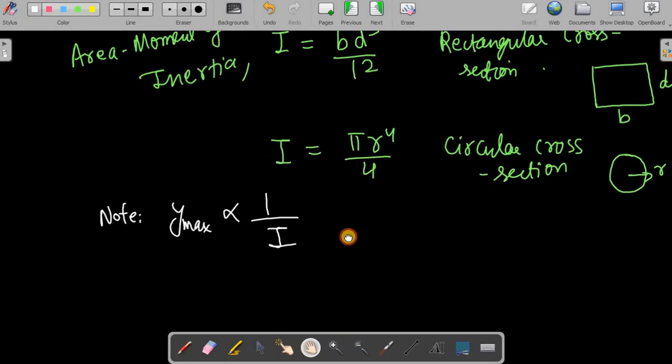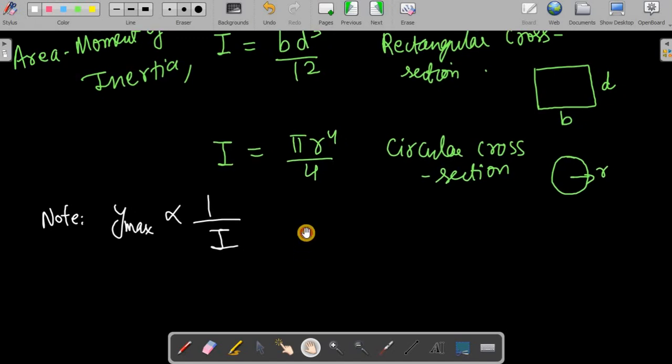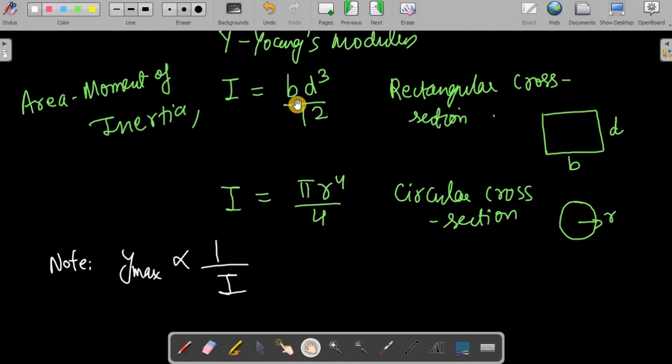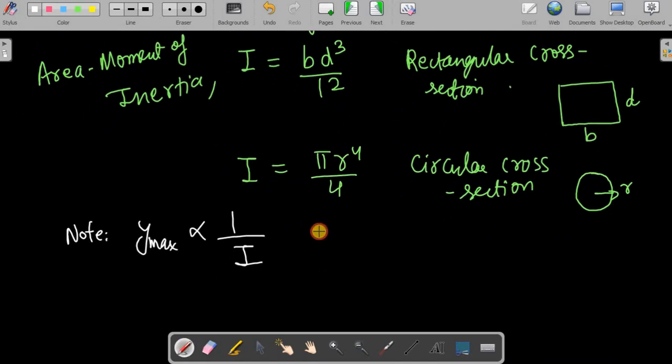Let us consider a rectangular cross section. So b d cube is going to be in the denominator, right? If you change B and D accordingly, it has a major impact. If you take D large, then y max will decrease, because D has a power of 3 in the denominator.